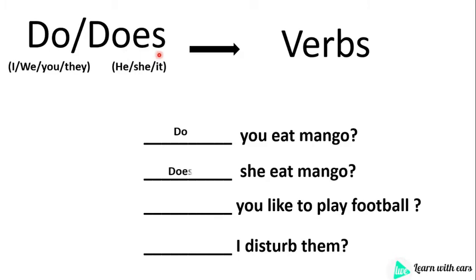Does she eat mango, right? Now next, again we have you in the sentence, so we use do. And in the last sentence there is I. With I we use do to ask questions. Do I disturb them?